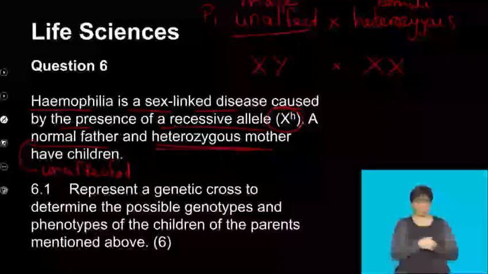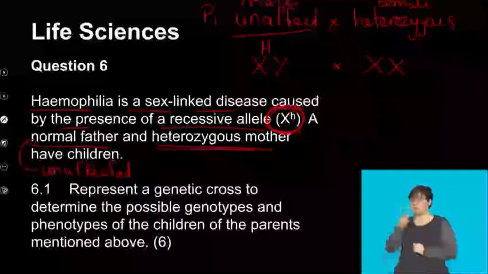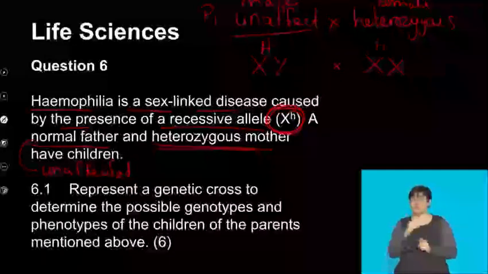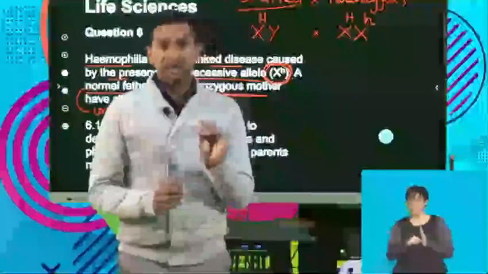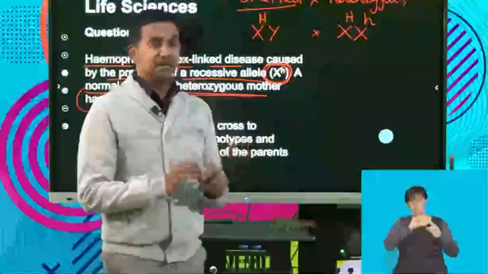Knowing that hemophilia is a recessive condition, this male who is not affected has the dominant allele, because we noted that h is the notation for the recessive allele. The female is heterozygous, meaning that she has the dominant and the recessive allele, so I've got to allocate a heterozygous combination to her. That's fundamental to getting the rest of the problem correct. So now we've established the genotypes of the parents.